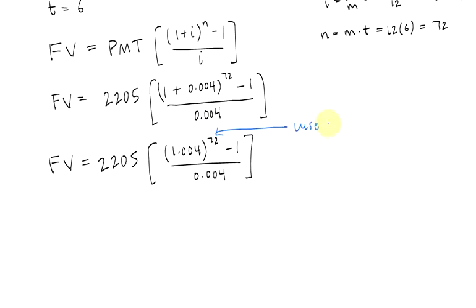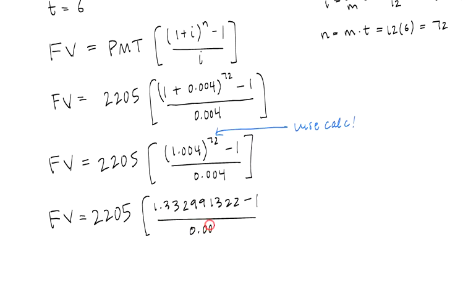So you should have an exponent feature on your calculator to calculate 1.004 to the 72 power. And when you do that, I'm going to rewrite everything else here. You should get 1.332991322 minus 1 divided by 0.004.